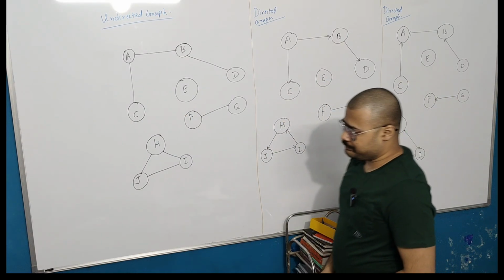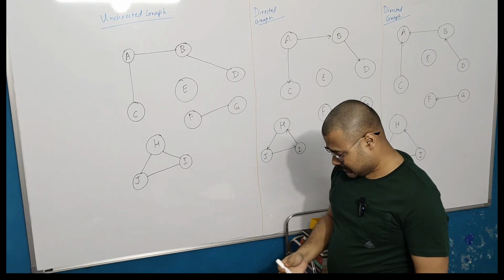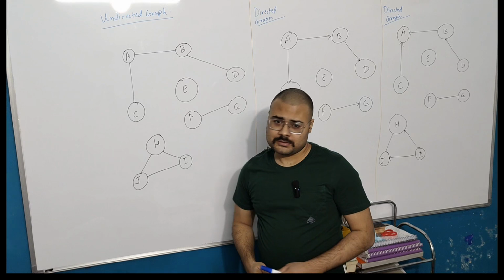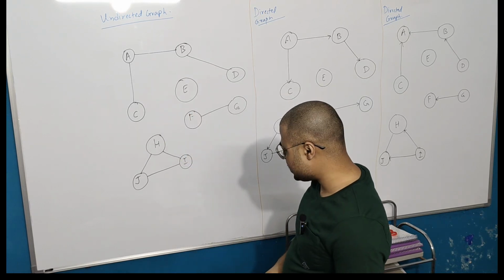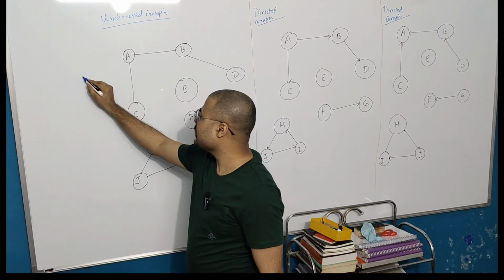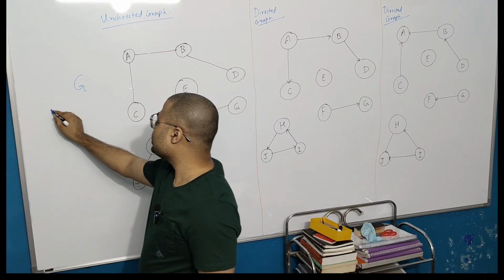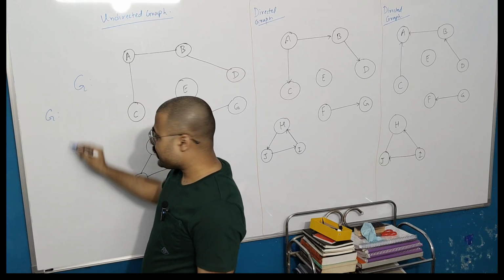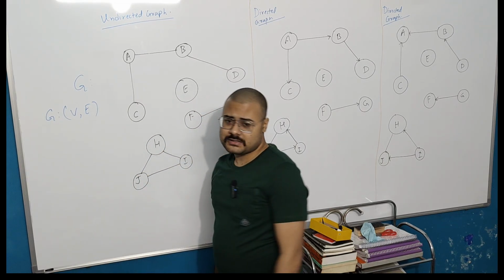But how can you represent this whole diagram? You can represent a graph using two sets, which is a set of vertices and a set of edges. Let's say this is a graph G. Then a graph G is represented as two sets, a set of vertices and a set of edges.